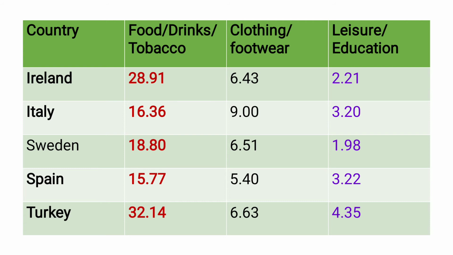If you multiply 2 by 2, you get 4, but here you have 6. And when we compare it with food, drinks, and tobacco, you will see that it's more than a 12, 13-fold increase, because 2 times 14 gives 28.